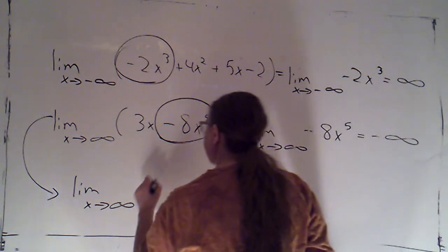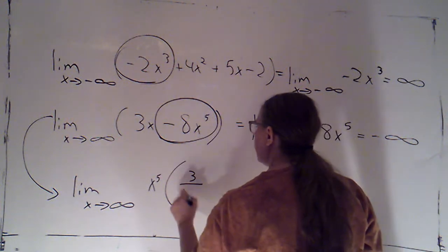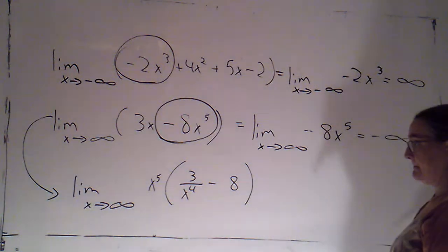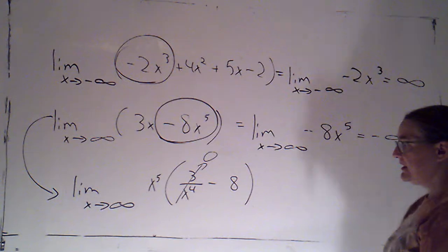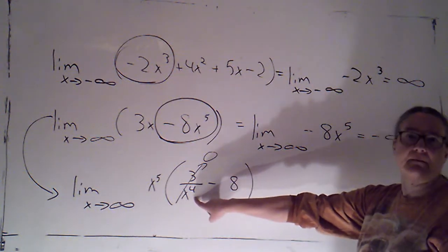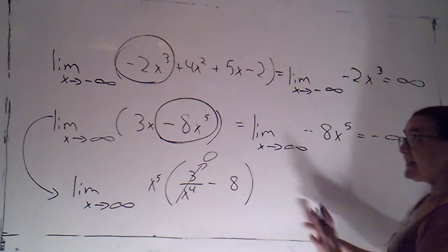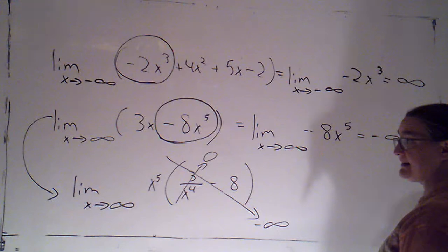So I would factor out an x to the 5th, and so then that would be times 3 over x to the 4th minus 8. This piece would go to 0 because I've got 3 divided by something that's getting super, super big. So that means the entire quantity in the parentheses is going to negative 8.